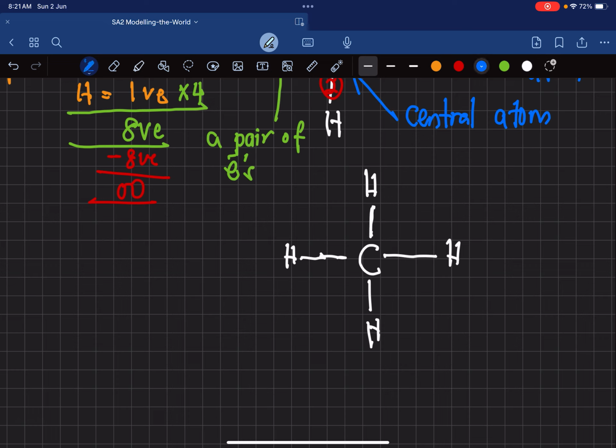So all of these electrons are called bonding electron pairs. That means bonding or bonded, whichever. You want to call this bonded also can. Bonded electron pairs. All right. So that's the Lewis structure for methane.